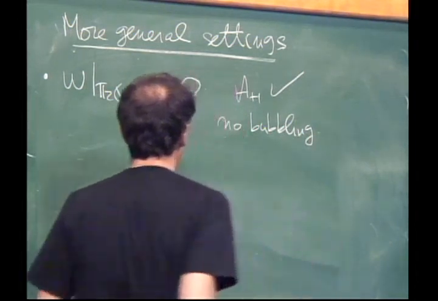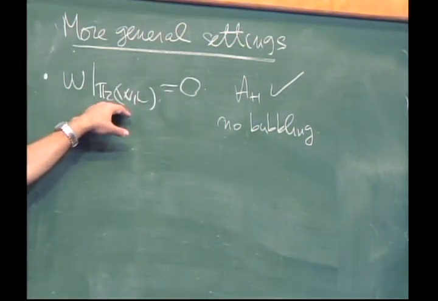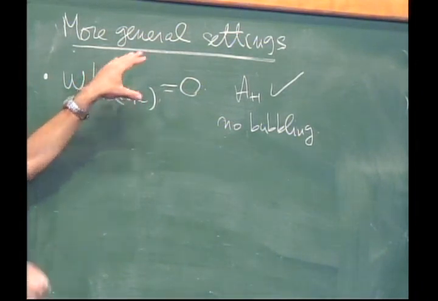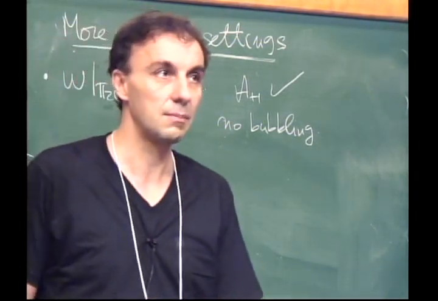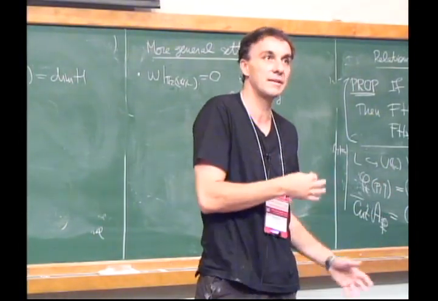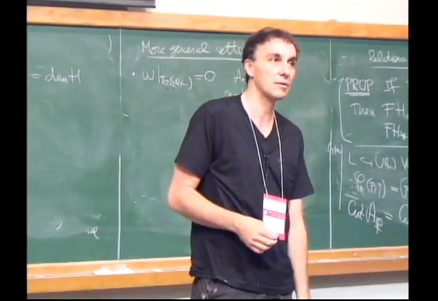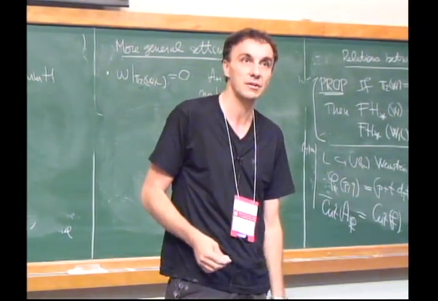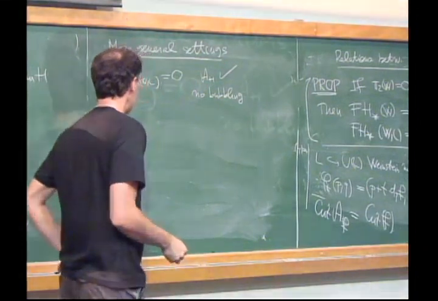Remember that to ban holomorphic spheres and disks, the only condition which was used is this one, meaning that the symplectic area of one disk or one sphere was on one side 0 and on the other side, because the disk was holomorphic, it was non-zero. So this was the contradiction I used in compactness.